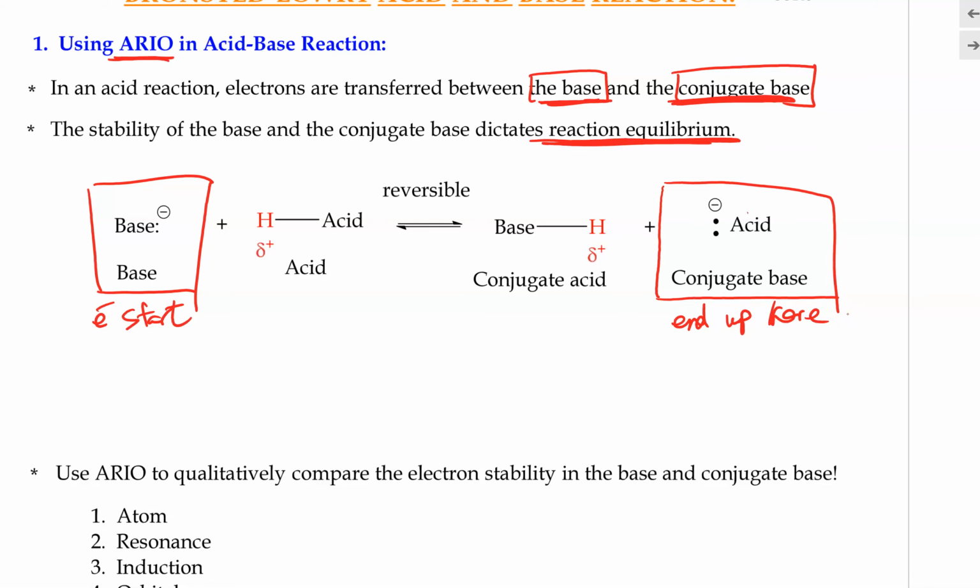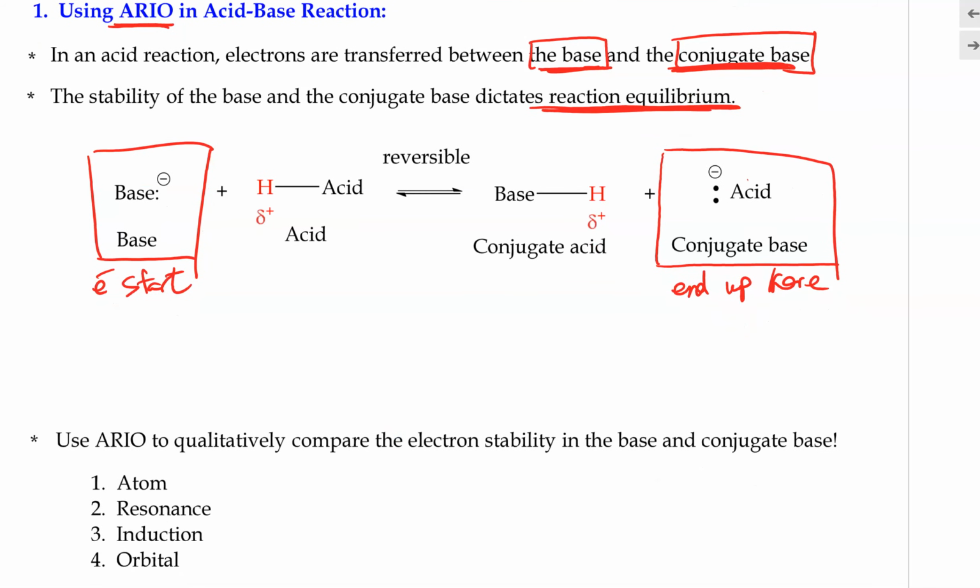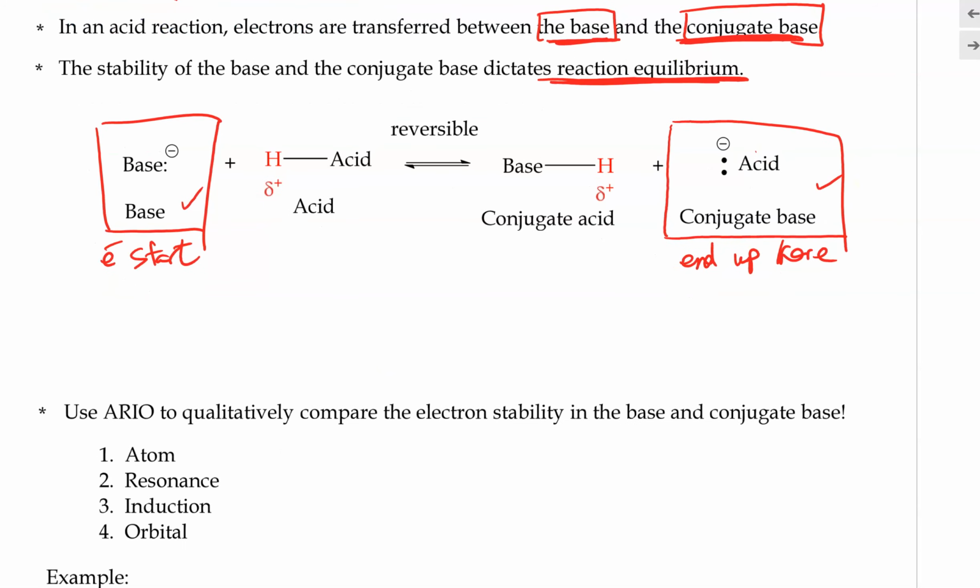And therefore, to determine how reaction equilibrium will be favored, we have to compare the stability of the base and the conjugate base. If the base is more stable, so if this is more stable, then the reaction will favor the reactant side.